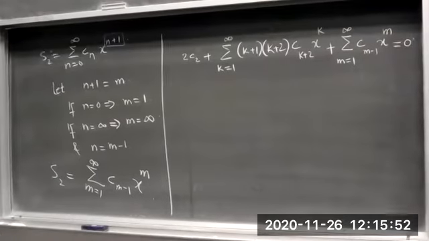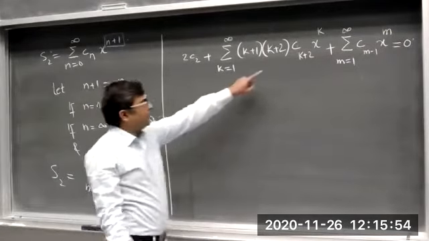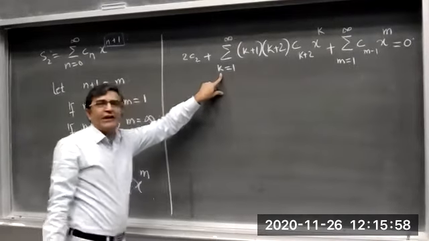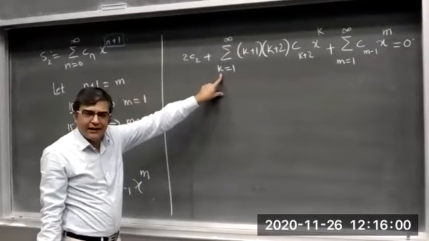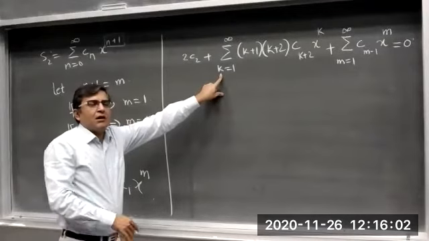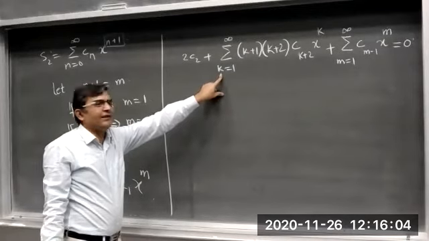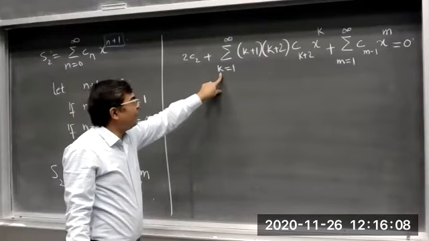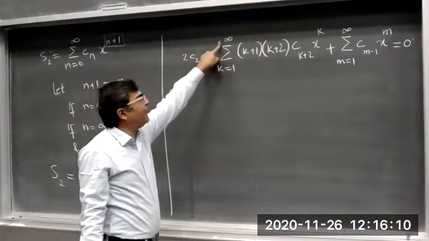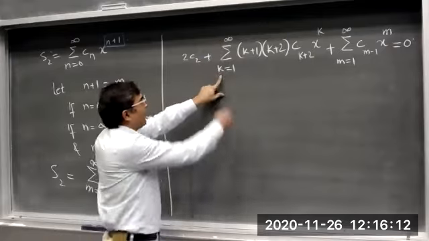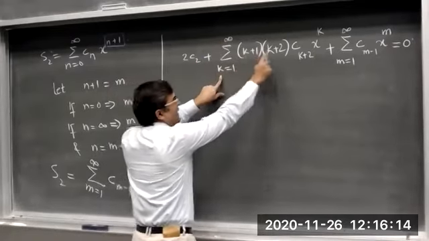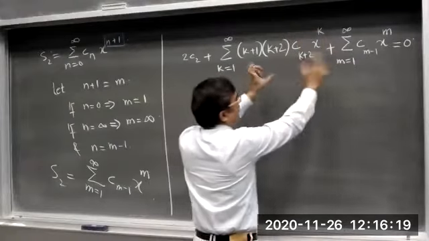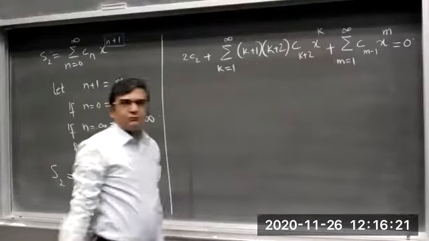Now, one thing you need to remember is that in any series, the summation index is a dummy index. You can replace this dummy index with any other letter. Means if here we have k from 1 to infinity, we can write here m from 1 to infinity, m c m x power m, so that both series become identical.